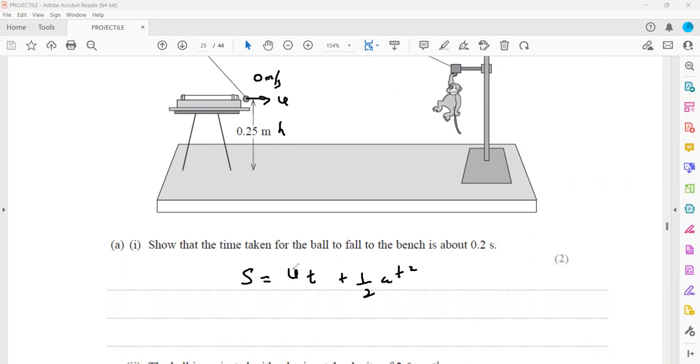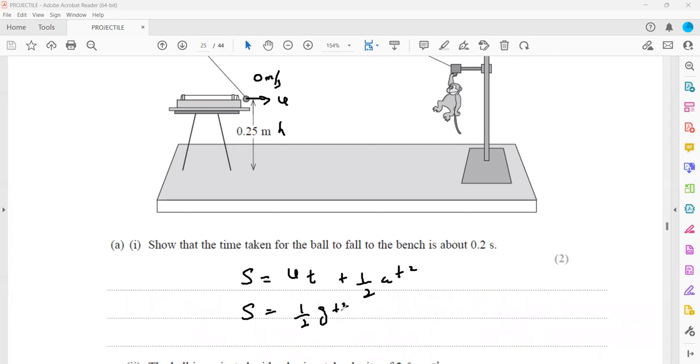For falling objects, the initial vertical component is zero, so this whole term will be zero. So we can say that S equals 1/2 g t square. Why? Because the initial velocity is zero.